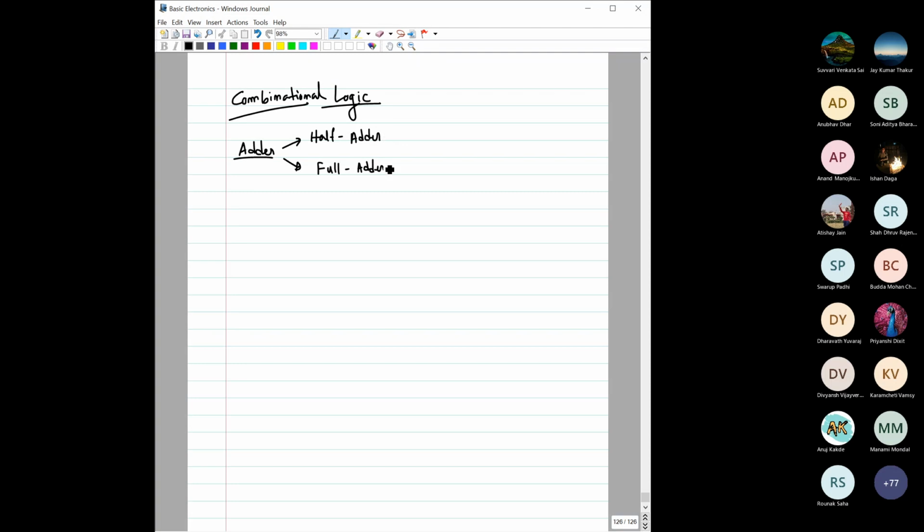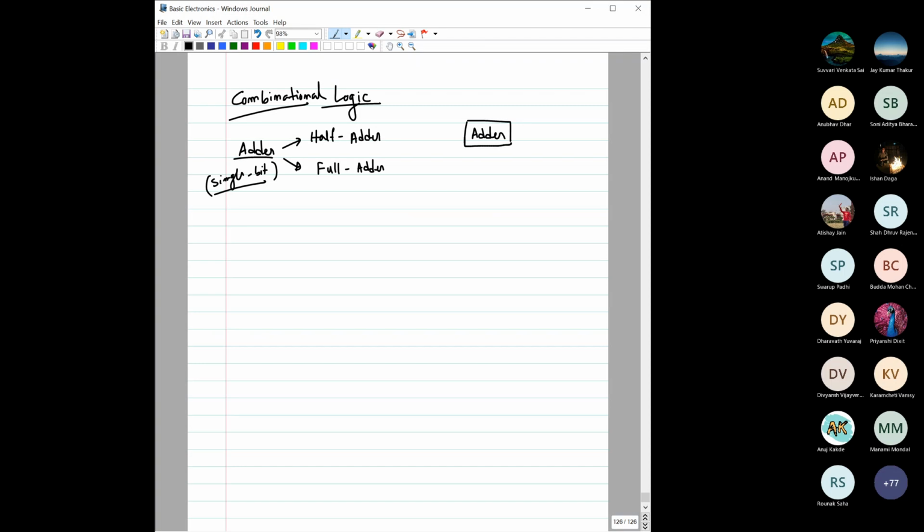Now, what is the difference between the half adder and the full adder? This is basically a single bit adder, so it is doing an addition for a single bit, like adding one with one or one with zero. So what is the half adder? Suppose you have this single bit adder.